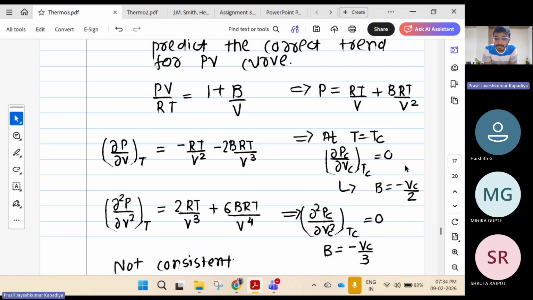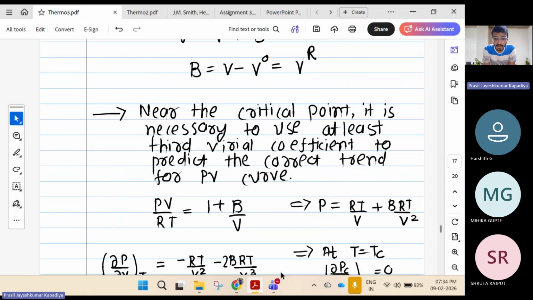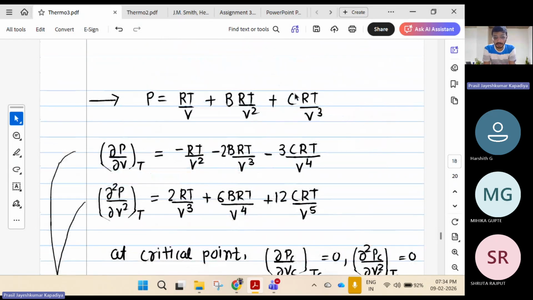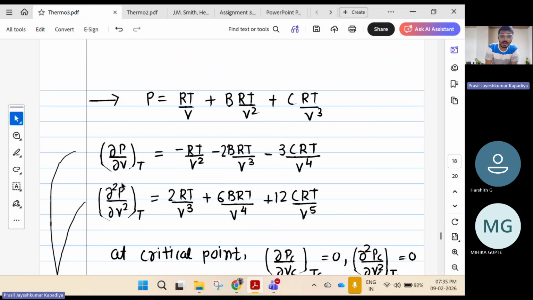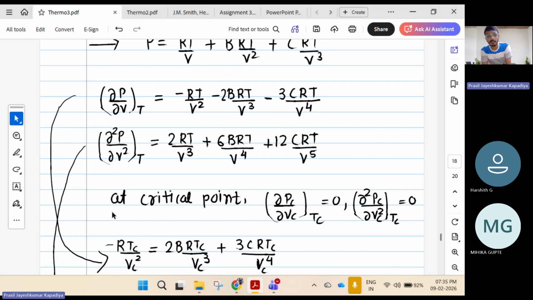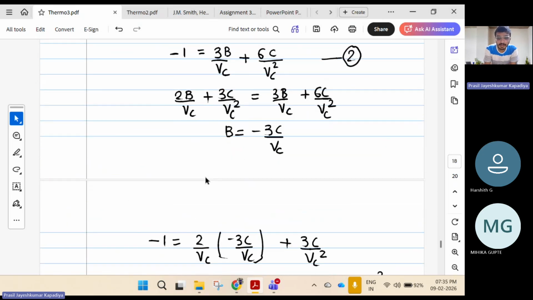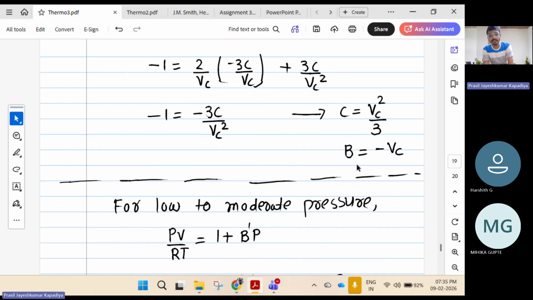So we are not capturing the true behavior at the critical point when we consider only the second virial coefficient B. We need to go at least till the third virial coefficient C. If I add one more coefficient C to the equation, find del P by del V and del square P by del V square at constant temperature, and equate both to 0, I find that B is minus Vc and C is Vc square by 3.